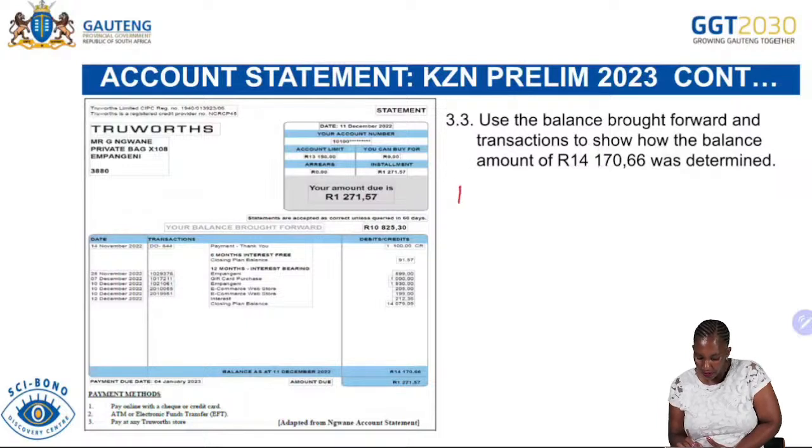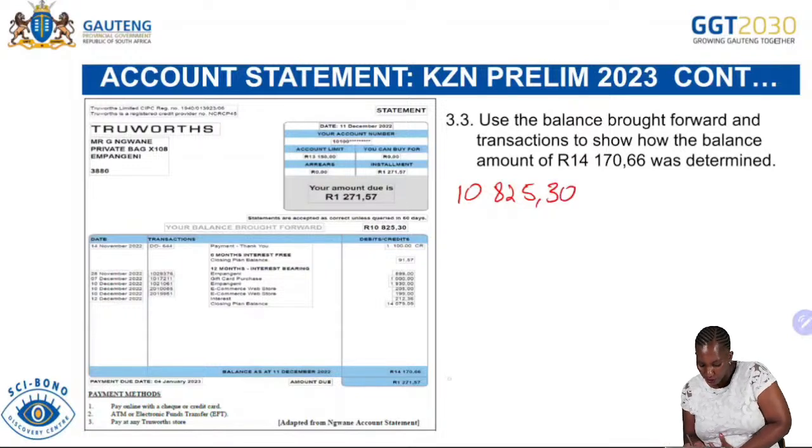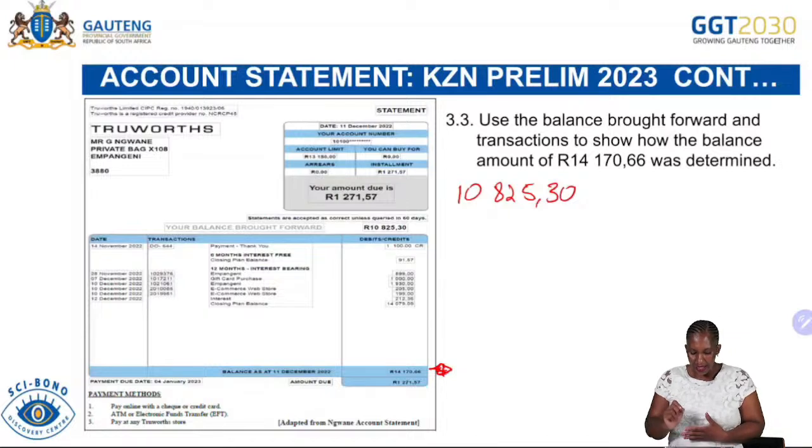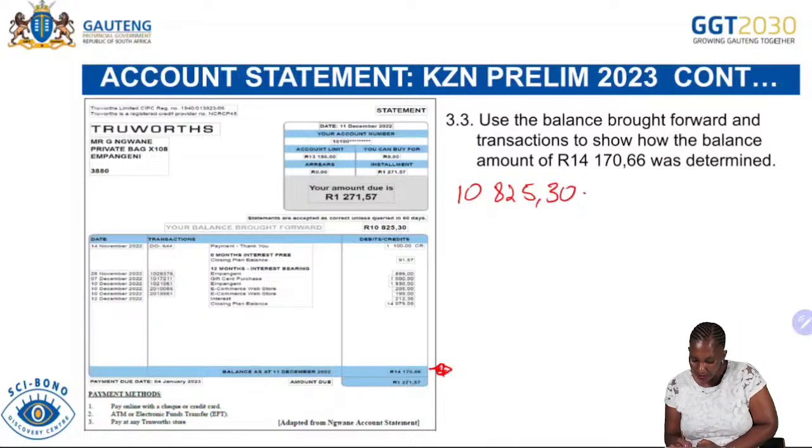The balance brought forward is 10,825 rand 30 cents. Now we want to come to where? To the closing balance, this one. This is where we want to come to. We want to know how did the 14,170 come to. Now we say, okay, fine. From the balance brought forward, Mr. Ngwane paid 1,100. So we are going to subtract 1,100.